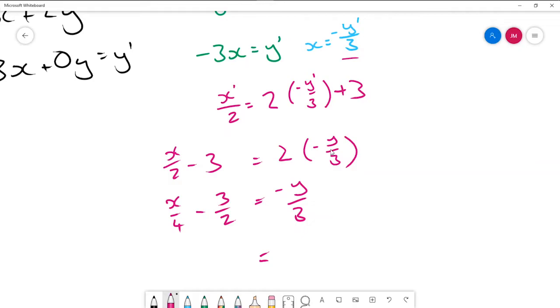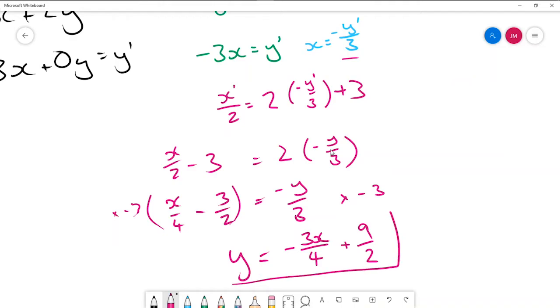Oh yuck, this is a fun one. I'm putting the y on the other side of the equation here, multiplying both sides by negative 3, but I just want it to look nice and neat, so that's why I've swapped the sides. Multiplying both sides by negative 3, I would get negative 3x on 4 plus 9 on 2. That's our final equation. That's a nice and fun one there.